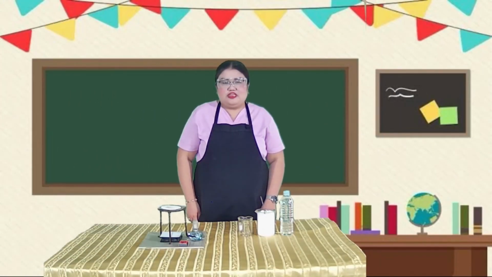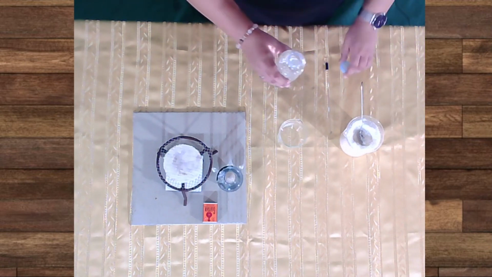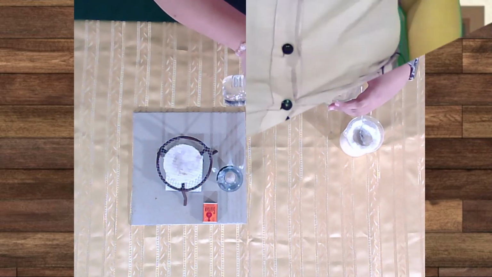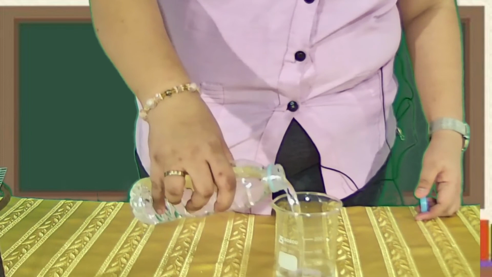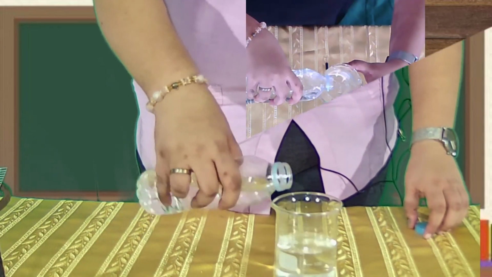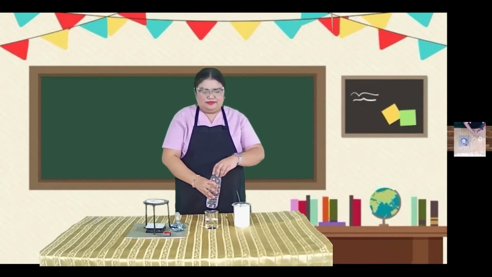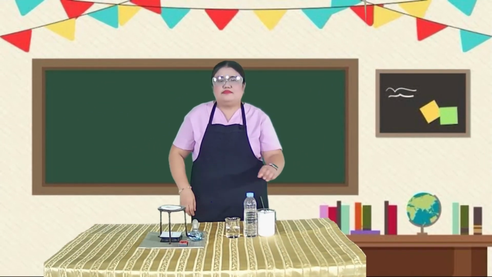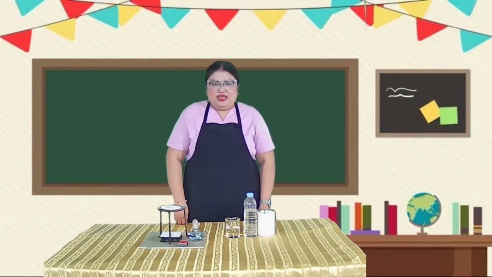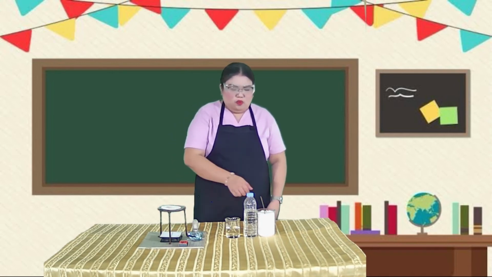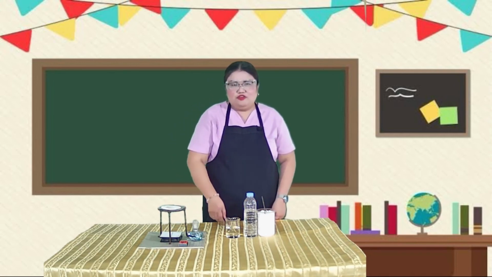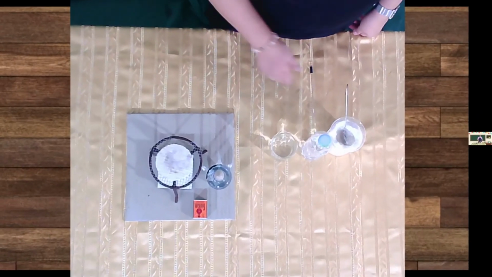The first procedure is we're going to pour 150 milliliters of water into the beaker. Then, we're going to put 1 teaspoon of sugar into the water and dissolve it.